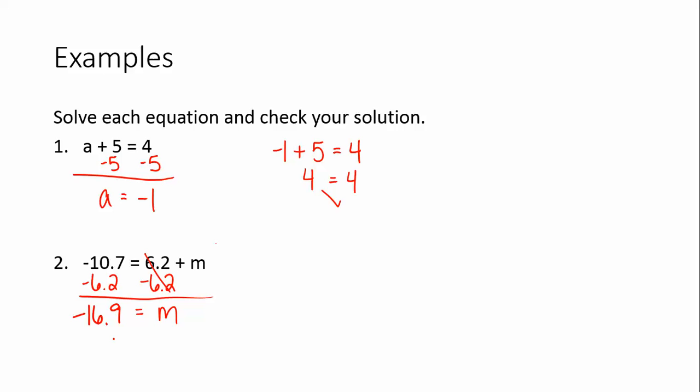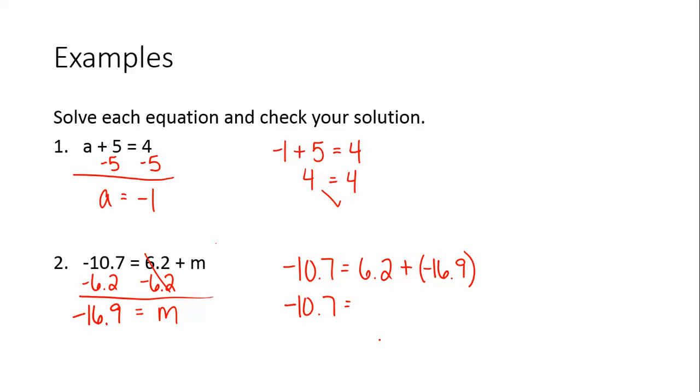We do need to plug our answer back in to make sure that it works. So we rewrite the equation, substituting our answer in for m. So we have -10.7 on the left, and on the right we have 6.2 plus a -16.9.